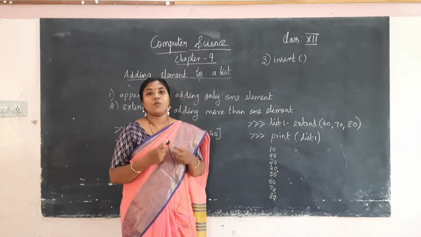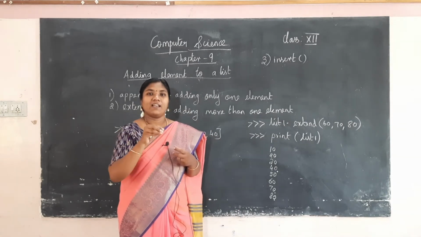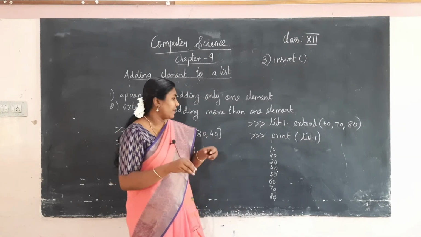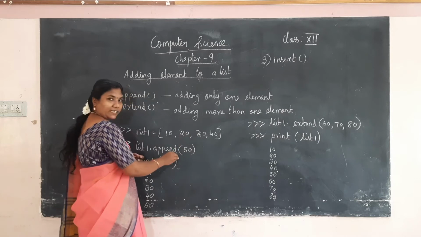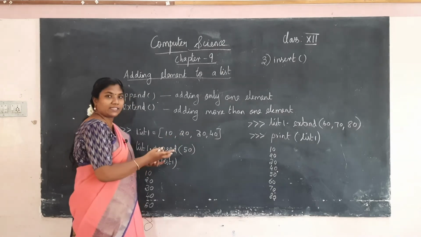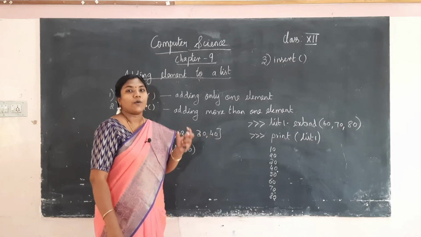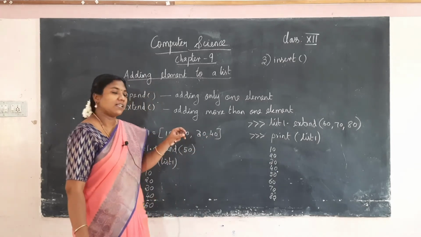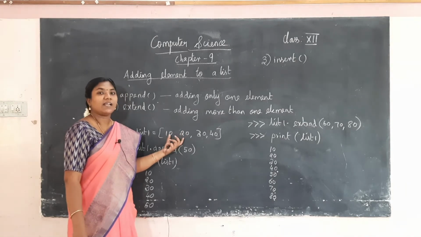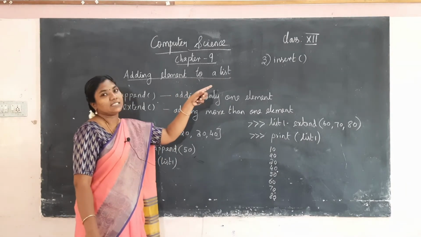Suppose I want to insert an element in the middle, between 20 and 30 or between 10 and 20, like that. In between, where a list is already existing, I want to insert an element between two elements. Then I have to use the insert function.